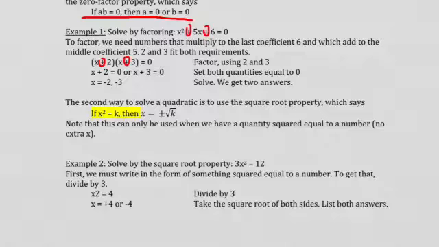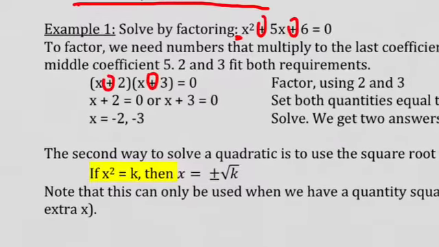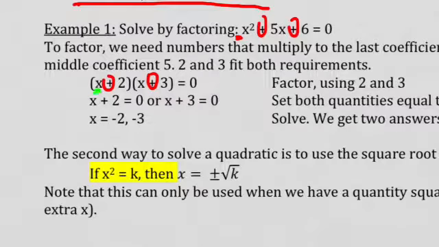Okay? Then, when we have x squared with a coefficient equal to 1, we can be sure that we are going to have x right there. Now, to find the last number inside each of these parentheses, we need the product of these two numbers to be equal to 6, the constant c of your quadratic equation.